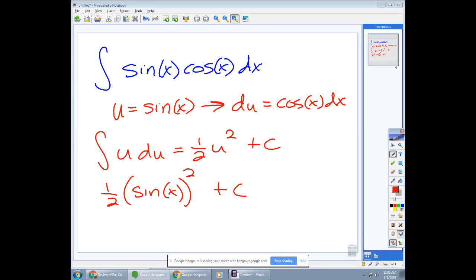Okay, back to work. I'm going to suggest another way to do this. The blue function, my integrand, reminds me of a trig identity. I think it looks like the double angle formula for the sine. Anybody remember the sine double angle formula?